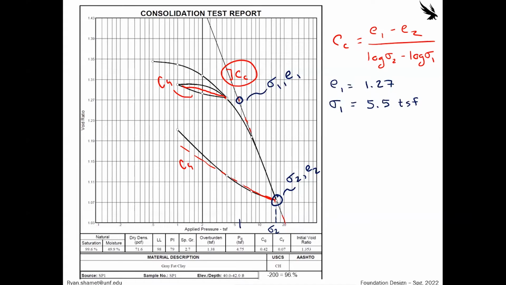For the second one, our E2, right here, we'd read this over somewhere here. So that's 1.08 void ratio. And then our sigma 2 is going to be 16 TSF. And then we would just plug it in here.